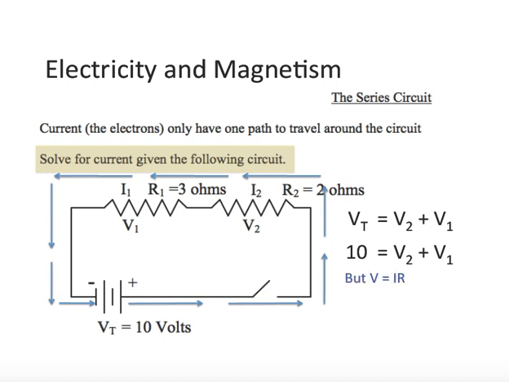Now here's the problem. We're not told V1 or V2, but we do have a formula. Recall this formula, V equals IR. So we're going to substitute this formula into this equation. So now, what does it become? 10 equals, well, V2 would become I2 R2, and V1 would become I1 R1.